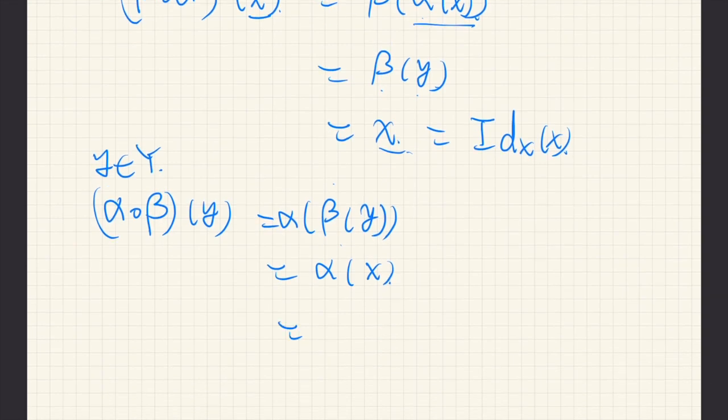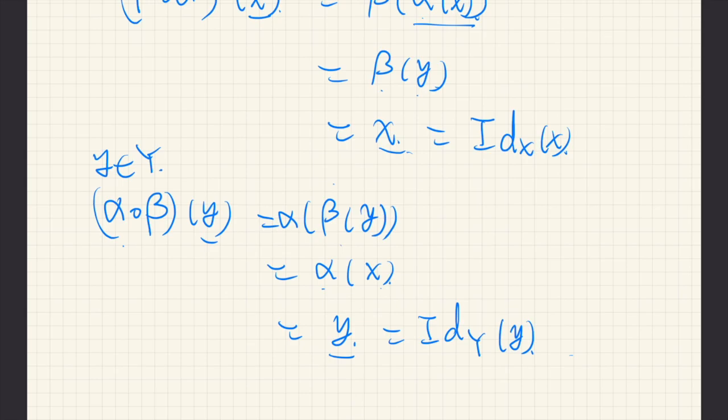Okay, and alpha of X is Y, and this Y is the same as this Y, of course. So therefore, this map composition alpha after beta is equal to ID Y, and we are done.